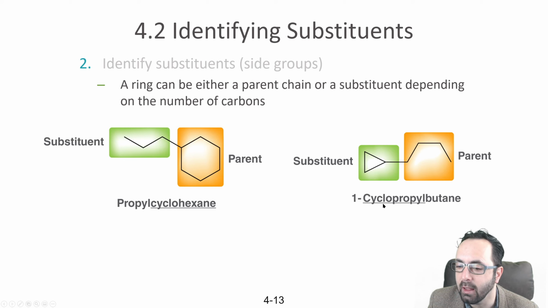So we'll say cyclo because it's a ring, prop because the ring contains 3 carbons, and yl because it's a branch. And then this one here is what's known as a locant. And so as we start to put all the names of the parent and the substituent together into one name for the molecule, we're going to use locants to indicate where on the parent chain a particular substituent is.